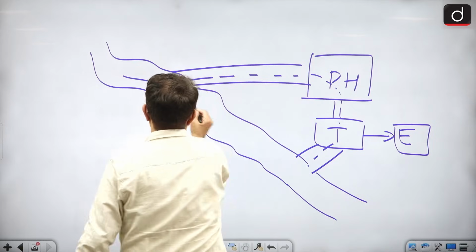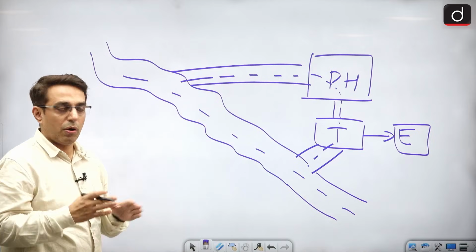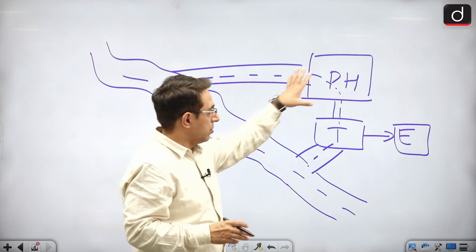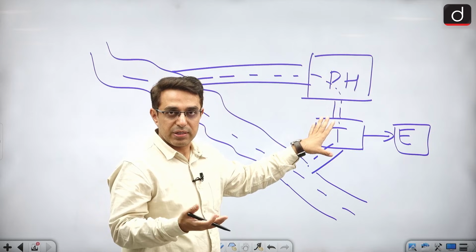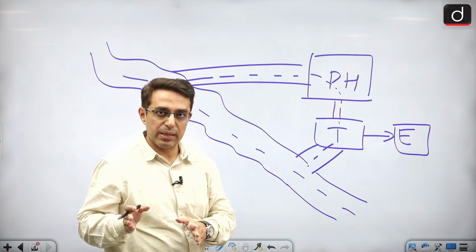So the river flow to Pakistan remains the same, but we have diverted the water just for our electricity generation, and then the water has been again left in the same river.